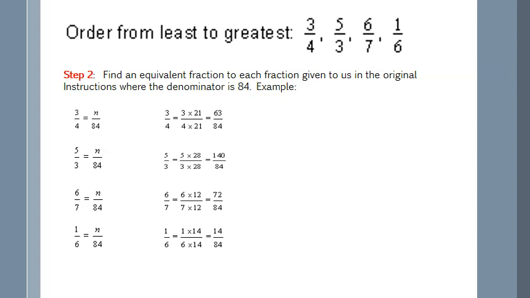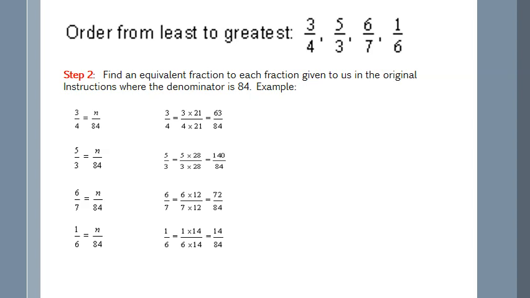So we have to find that numerator. What we can do is either do the missing proportion thing that we talked about, or we can just do it like this: how many times does 4 go into 84? Well, 4 goes into 84 21 times. So we can take 21 and multiply that by 3.